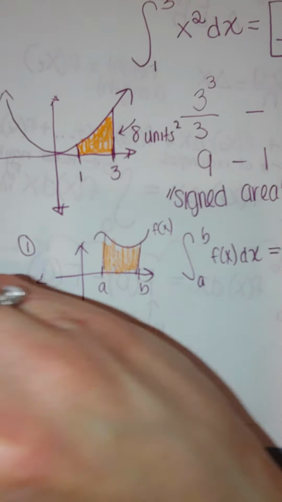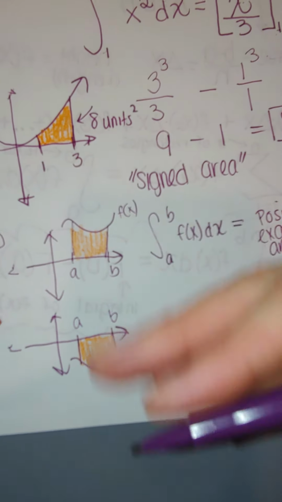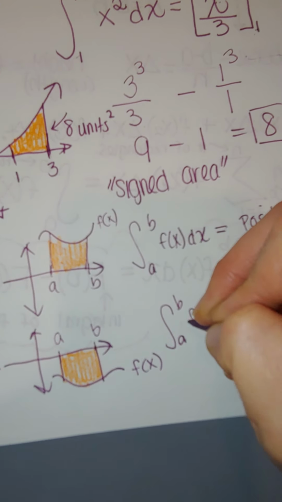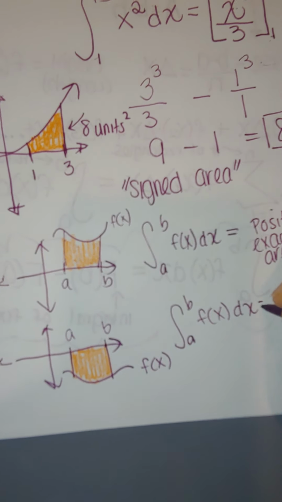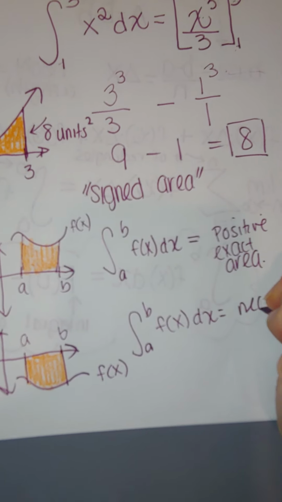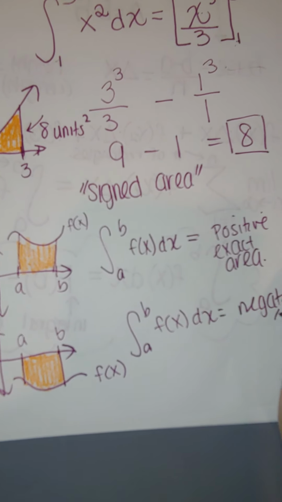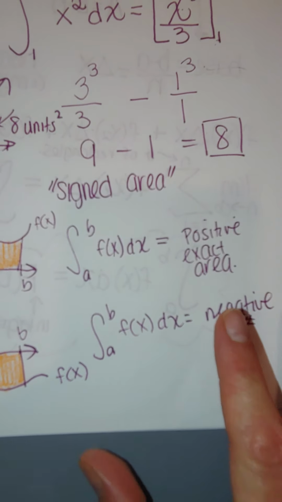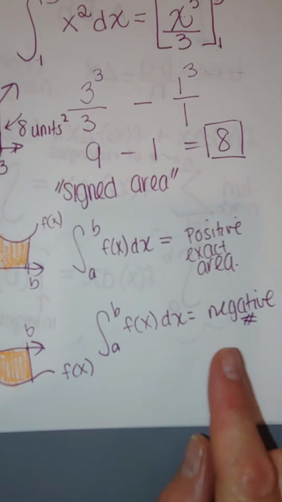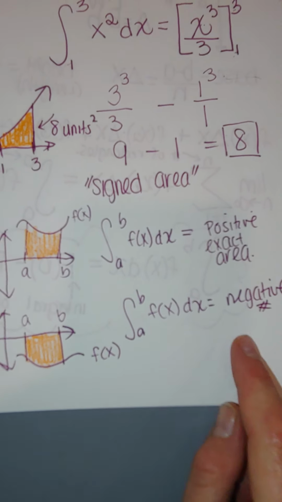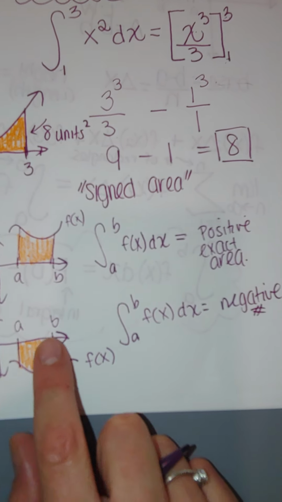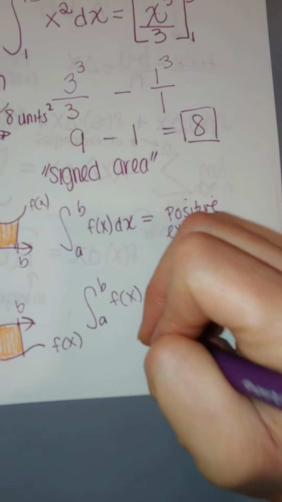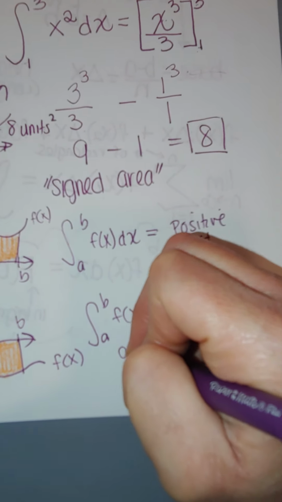If you took the integral here, because it's completely below, you're going to get a negative number. Now, we know that area can't be negative. That's why we say it's the signed area. Because if I want the actual area of this little orange section, I'd have to take the absolute value of my answer to get the actual area.